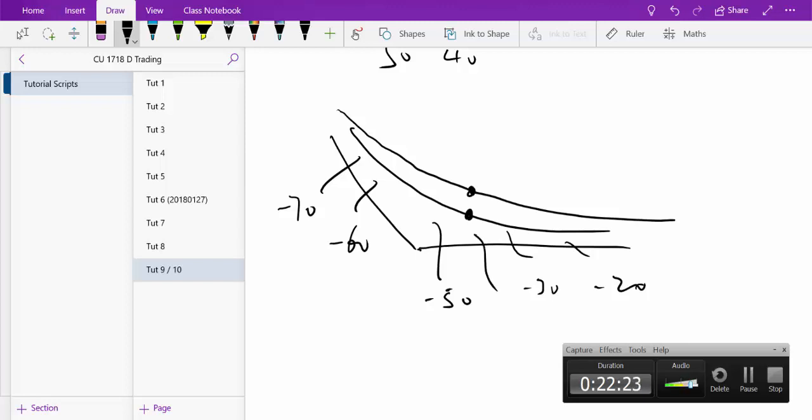If this was minus 40, then, boy, these are hard to draw. And my chair is sinking.